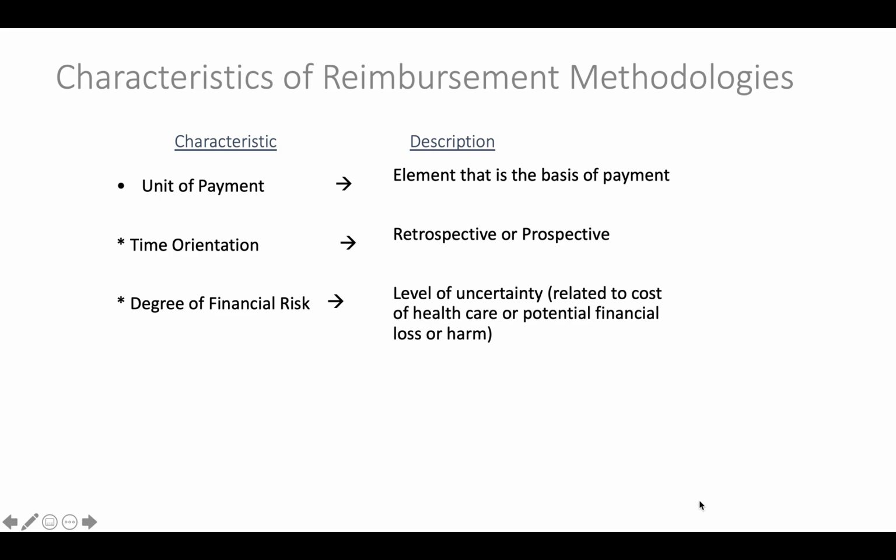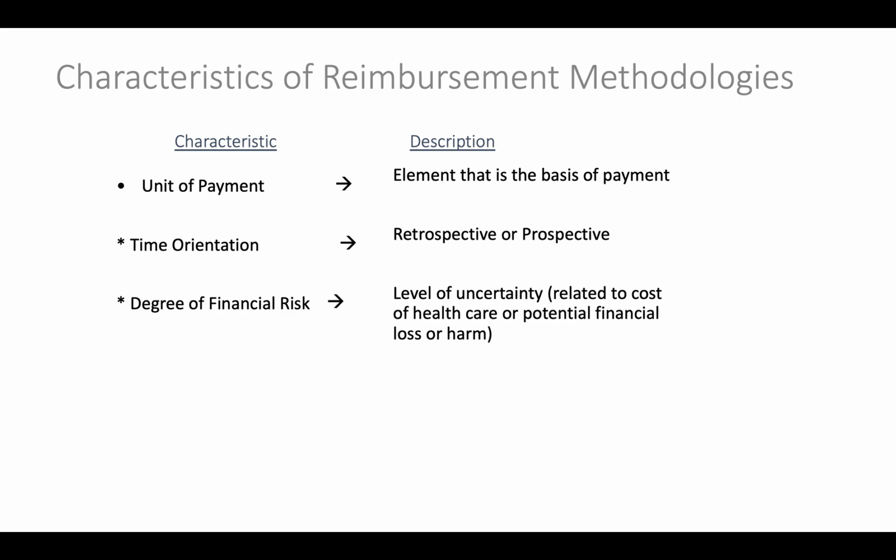The first characteristic is the unit of payment. What do we consider the unit of payment? Do we consider anything that I provide as a service a unit of payment, or do I consider a complete package of service as the unit of payment?